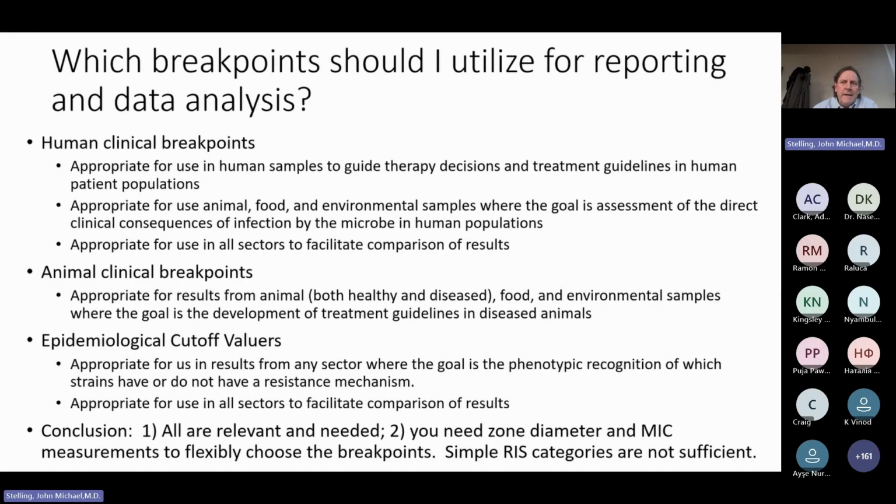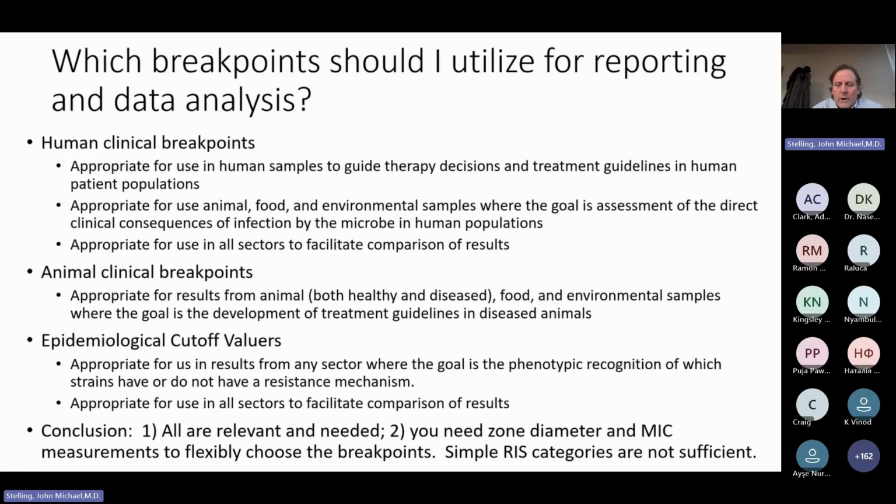So, for example, 17 or 18 might be microbiologically resistant with a resistance gene, as suggested by the phenotype, but it would be clinically susceptible. I think I got my numbers backwards. That's right, 20. I got the numbers backwards. 25 might be microbiologically susceptible, but 20 might be clinically susceptible, accepting even a small degree of resistance. So apologies for my confusion there.